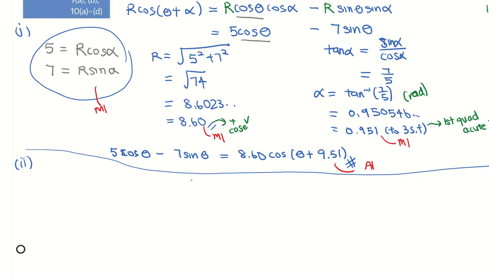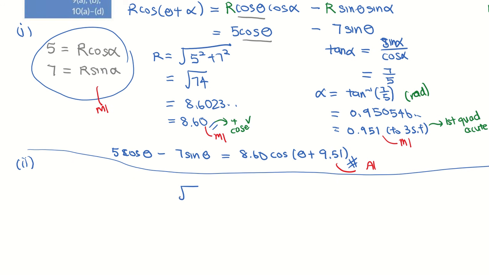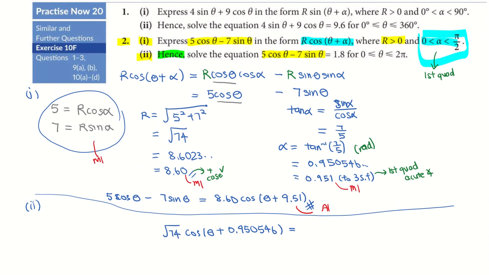Exact meaning I no longer use 8.60. I use this cosine (theta plus 0.950546). Whenever you use a previous answer in a new question, please use the exact answer. I use back the R formula. This equals what value? I see 1.8. I will just key in 1.8.